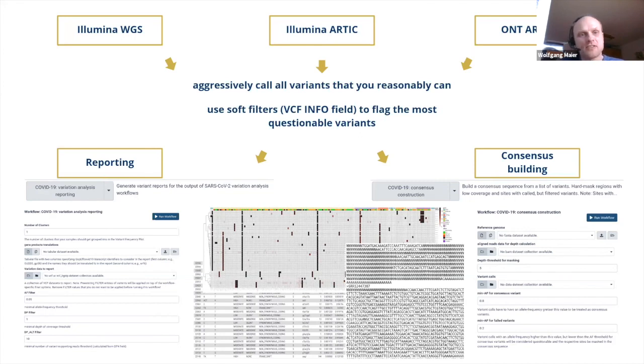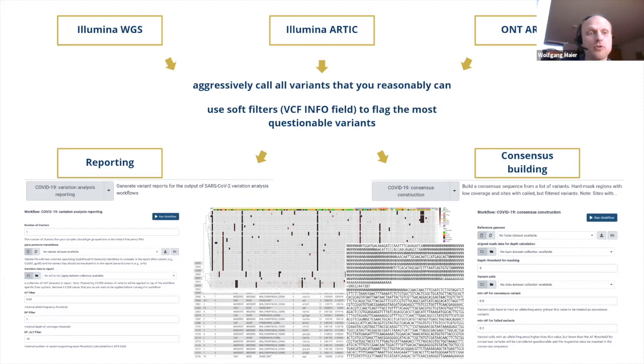Then the user is basically free, depending on their needs, to choose the downstream workflow they want to employ next. So of course you can take that VCF and work with it downstream in other applications, or you decide to run the reporting workflow, that's the left branch, or the consensus building workflow, that's the right branch on the slide.